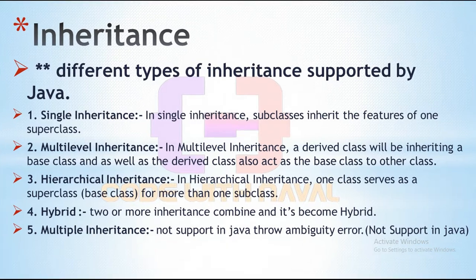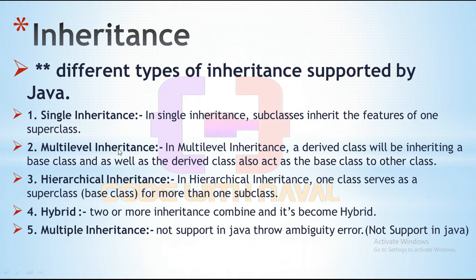So let's see the different types of inheritance supported by Java. The first one is single inheritance. In single inheritance, a subclass inherits the features of only one superclass. That means here we have one child class and one parent class. Then we have multi-level inheritance.